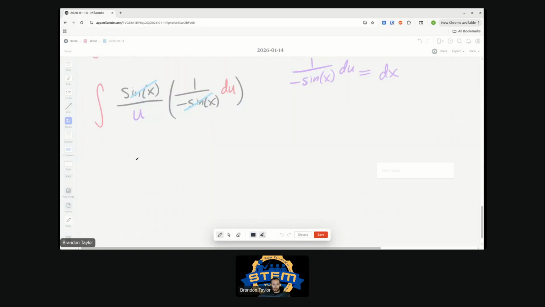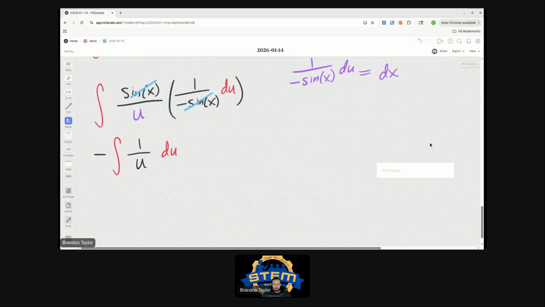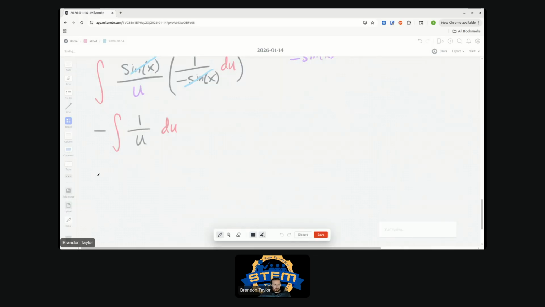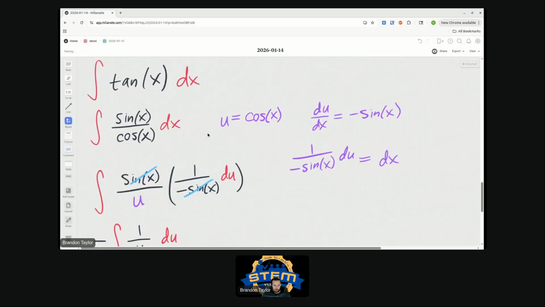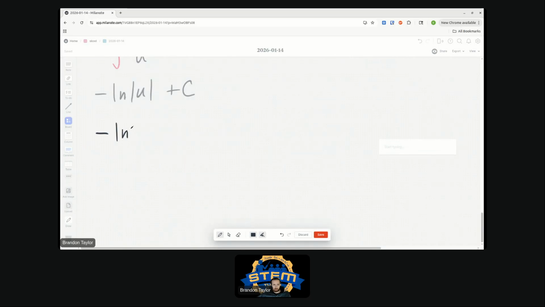You can pull the negative out, and you should: negative integral of 1 over u du. We just talked about this below. This would be negative natural log of u plus c. And what was our original choice of u? Cosine. So negative natural log of cosine of x plus c. That would be our final answer.